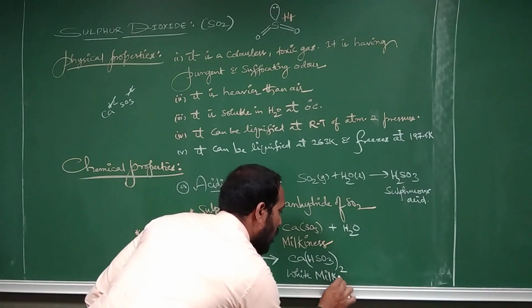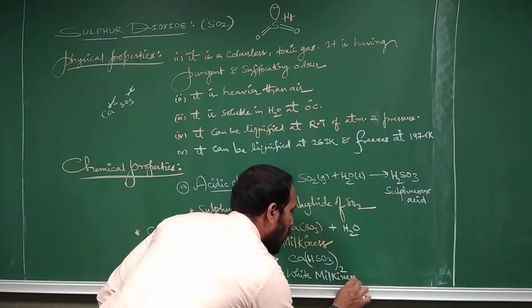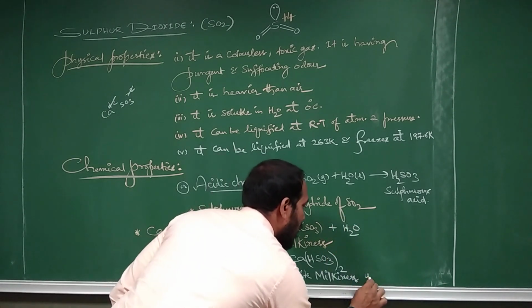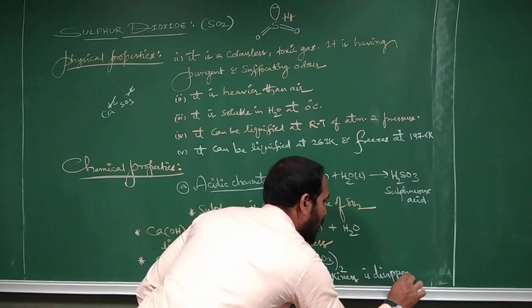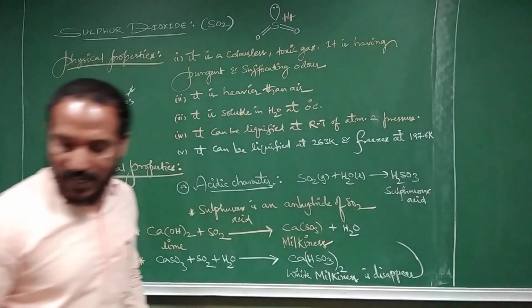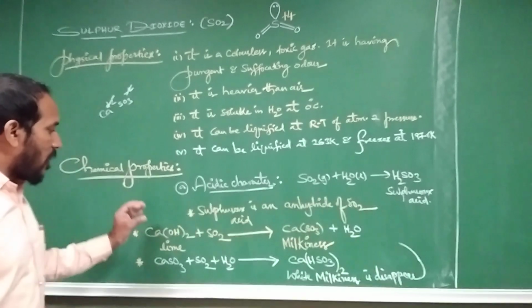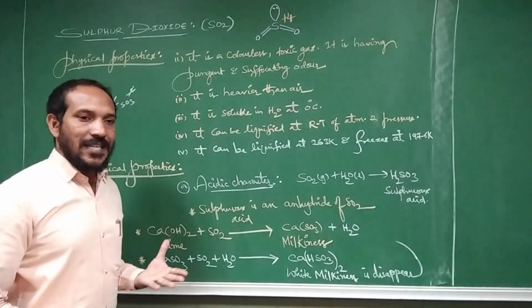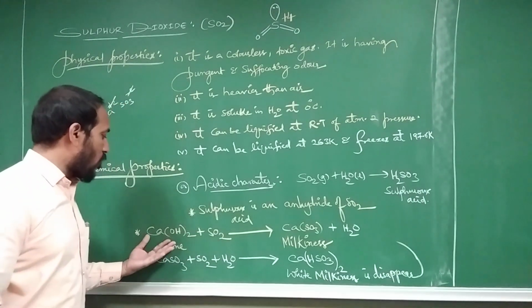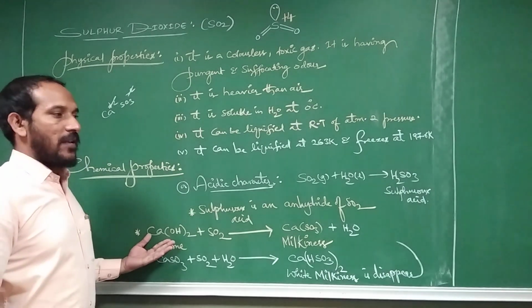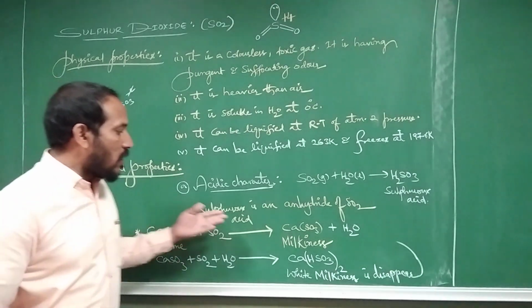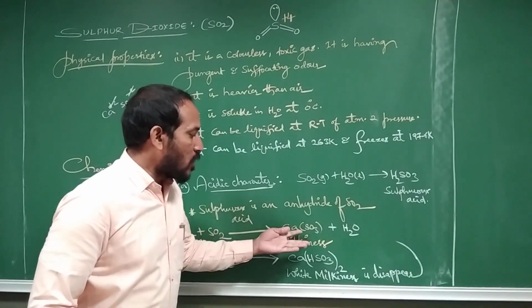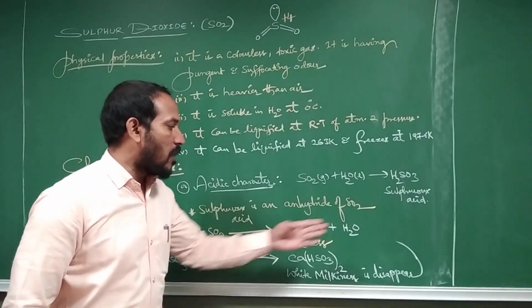White milkiness of the calcium sulfite has disappeared. So this clearly indicates that sulfur dioxide has an acidic nature. That's why it can be treated with bases, in order to undergo a neutralization process to form calcium sulfite plus water.